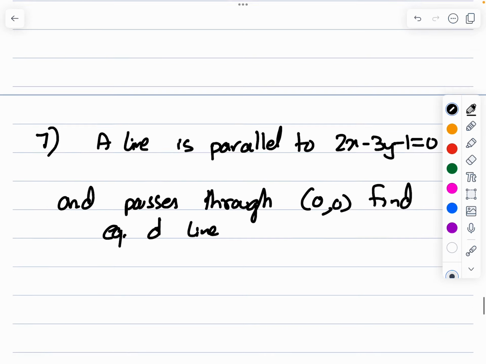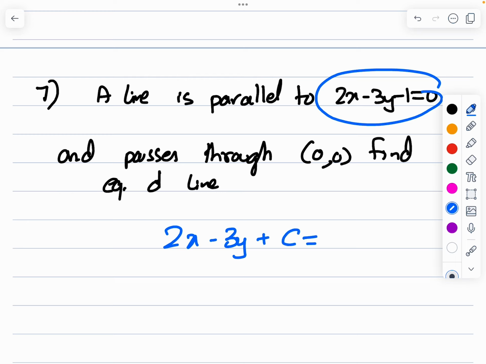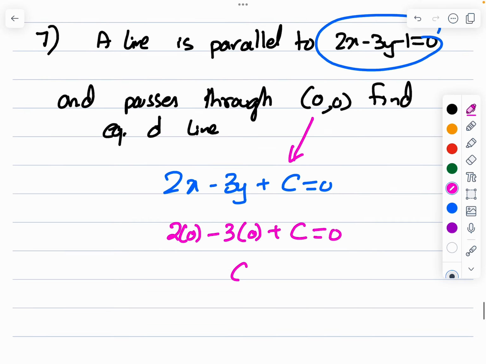What is he asking? Now it is parallel, means again 2x minus 3y plus c equals 0. Passes through (0, 0). Plug in minus 3 times 0 plus c equals 0. So c equals 0. So the equation is 2x minus 3y equals 0. That's going to be the answer.